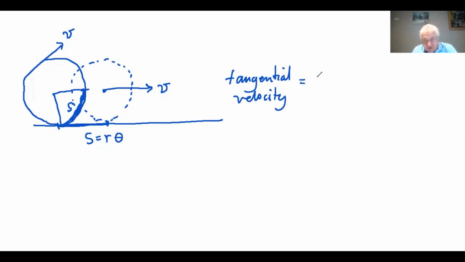And I will do unrecorded lectures at a later time. This is equal to V, which is equal to R omega. I call my radius R, and this is the angle theta there.